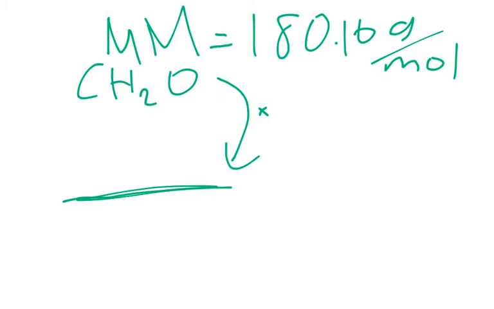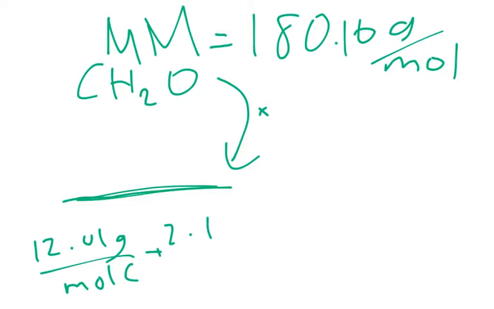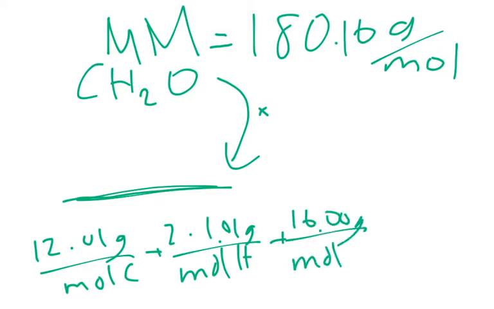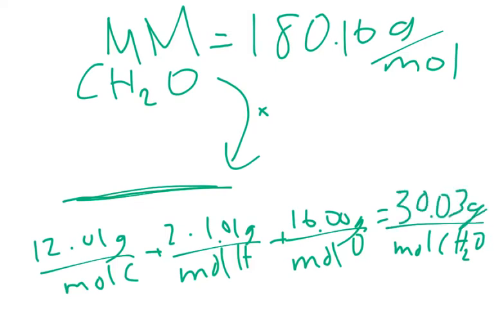In this case, the molar mass of our empirical formula will just be 12.01 grams per mole of carbon plus 2 times 1.01 grams per mole of hydrogen plus 16.00 grams per mole of oxygen. And we get that the molar mass of CH2O will actually just be 30.03 grams per mole.